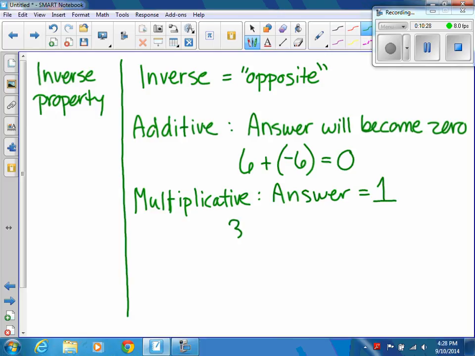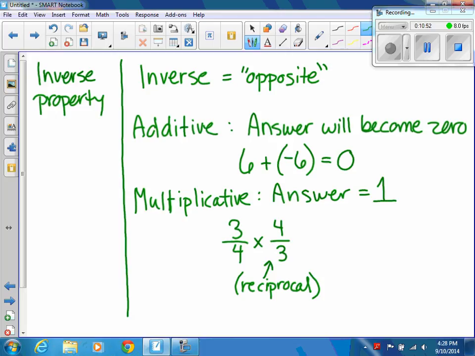If I have 3 over 4, and I multiply it by the reciprocal, which is 4 over 3, again, this is the reciprocal. The reciprocal is a little bit like the opposite because it's the flip of the fraction 3 over 4.